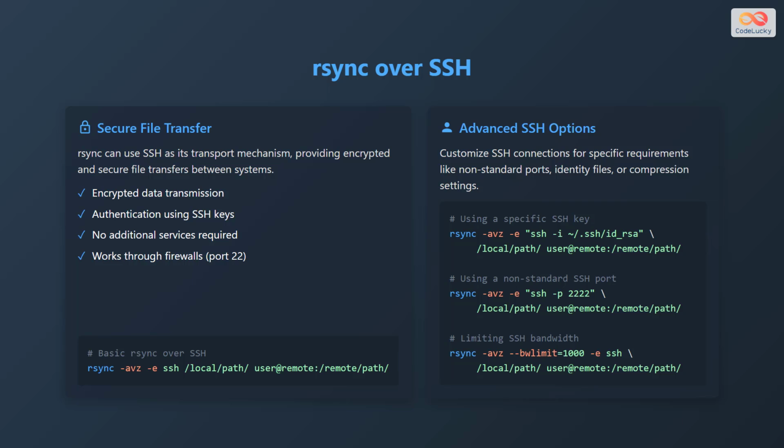To use a non-standard SSH port, use the command rsync -e ssh -p 2222 followed by the local path and the user at the remote path. To limit SSH bandwidth, use the command rsync limit equals 1000 SSH, followed by the local path and the user at the remote path.